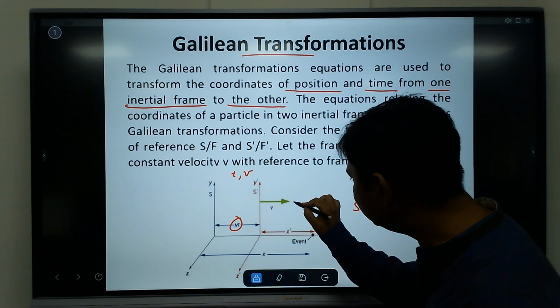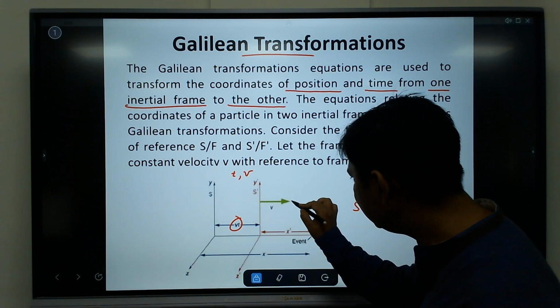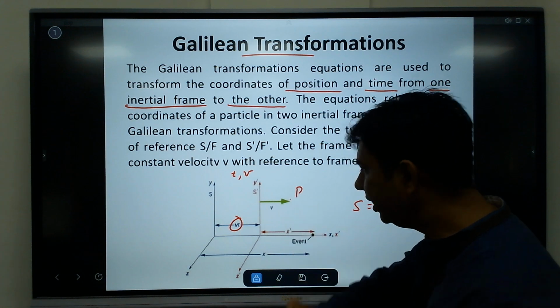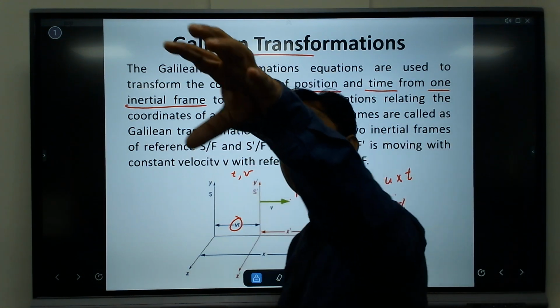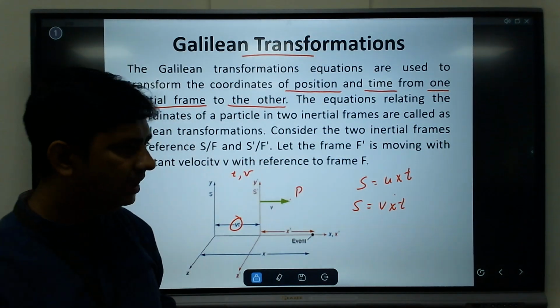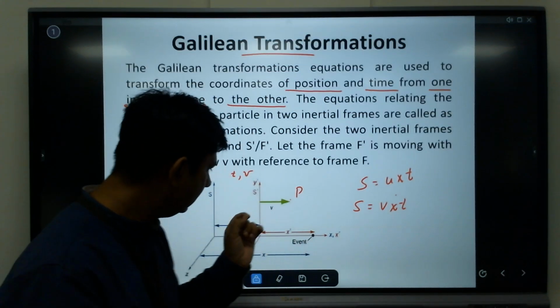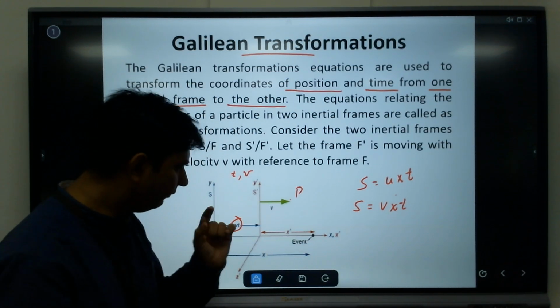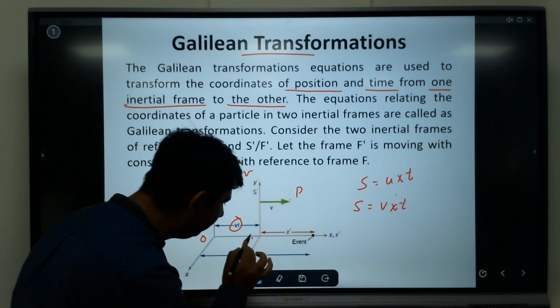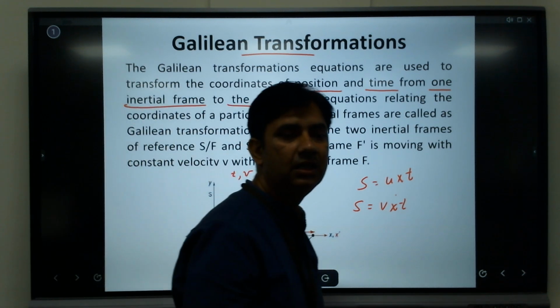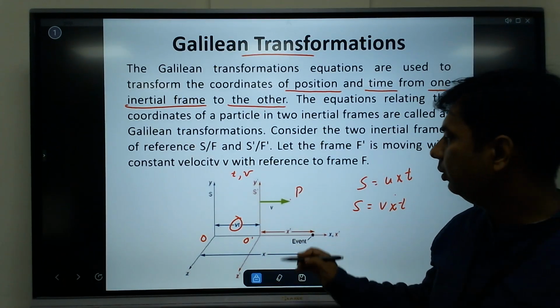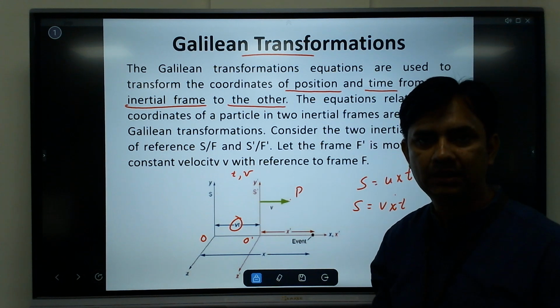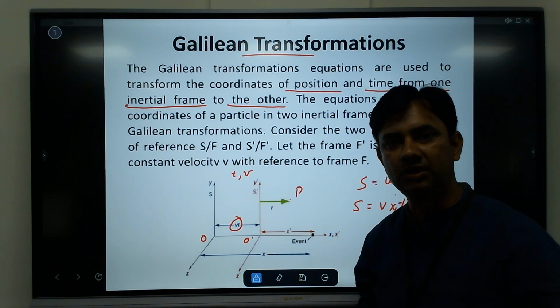we'll consider that there is a point P and something has happened at that point. Now what happened? One observer from the constant frame and one observer from the moving frame will observe the event, what happens at P. So they have their own perception.